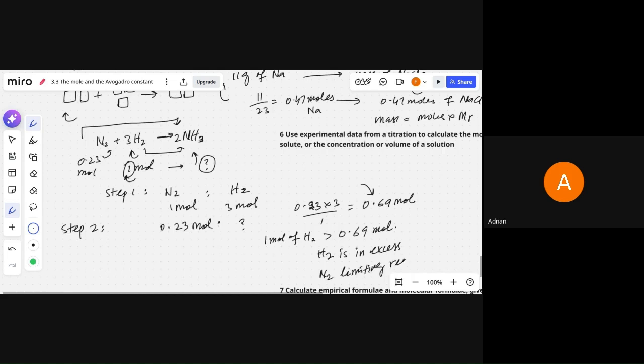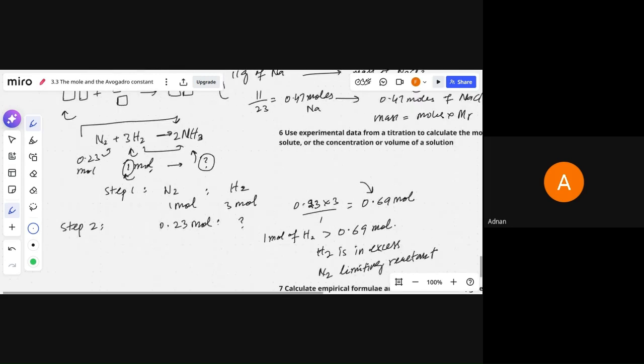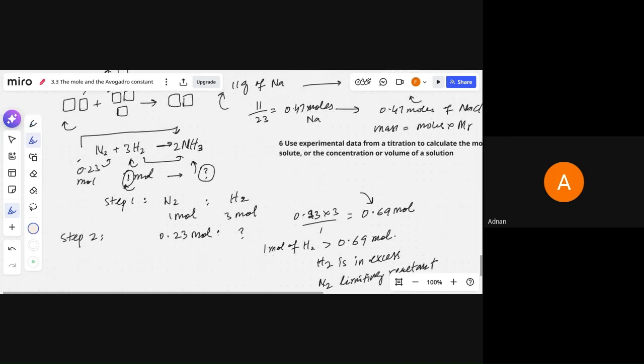Limiting reactant, right? And now we have to find the moles of ammonia. So we will use the standard ratio of nitrogen and ammonia. We will not consider hydrogen because it is not reacting completely.